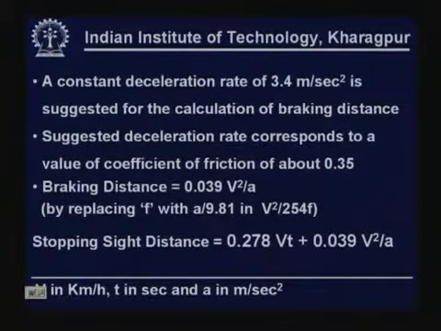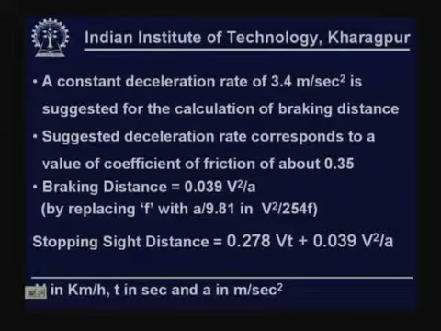Considering these three aspects, AASHTO recommends a fixed value of 3.4 meter per second square for deceleration for the calculation of stopping sight distance. It does not calculate SSD based on coefficient of friction.